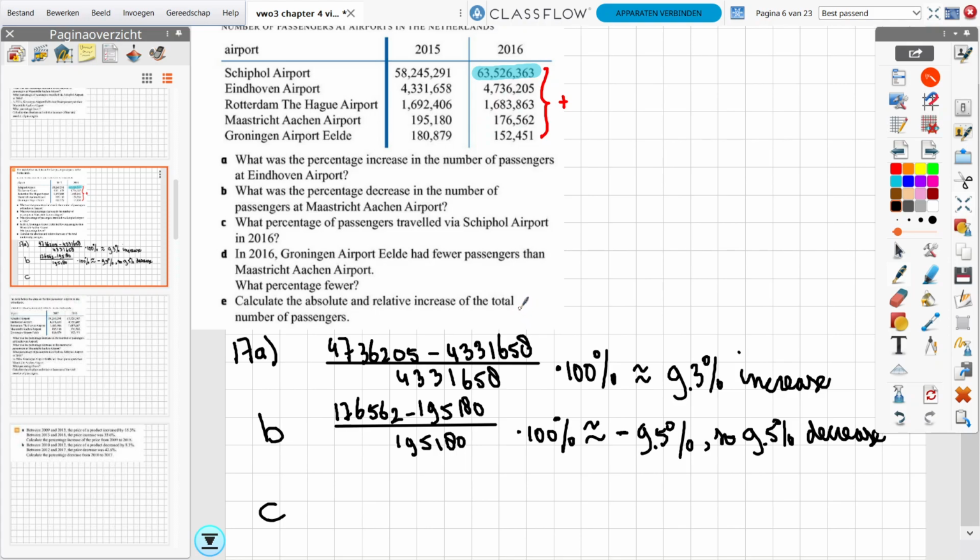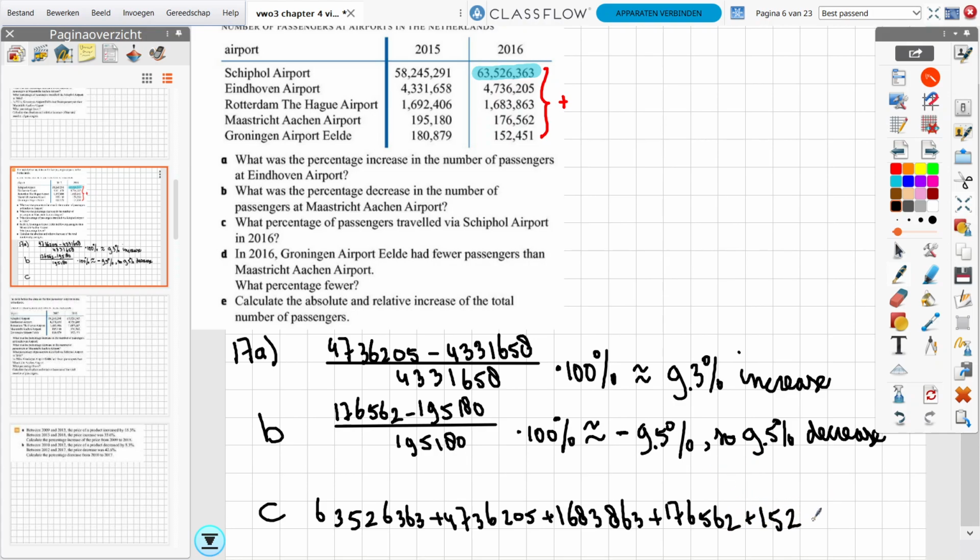So what you start with here is by writing down 63,526,363 plus 4,736,205 plus 1,683,863 plus 176,562 plus 152,451.